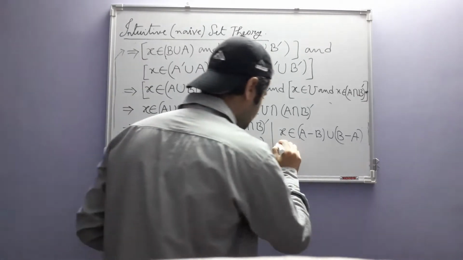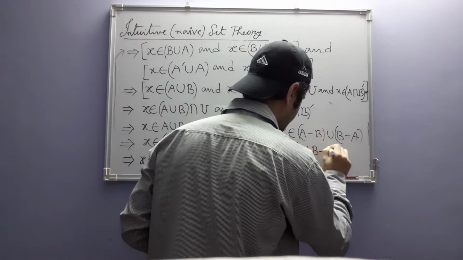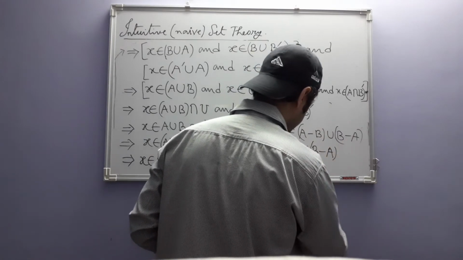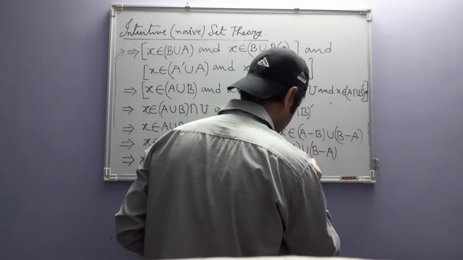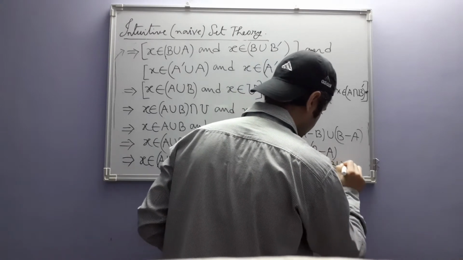Hence (A minus B) union (B minus A) is a subset of (A union B) minus (A intersection B).